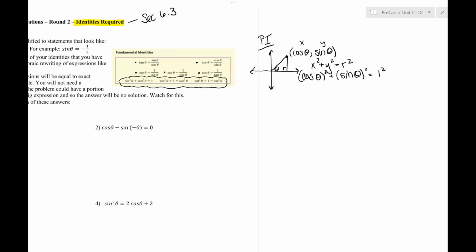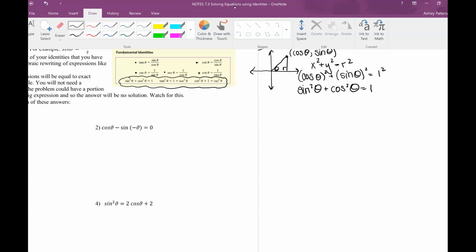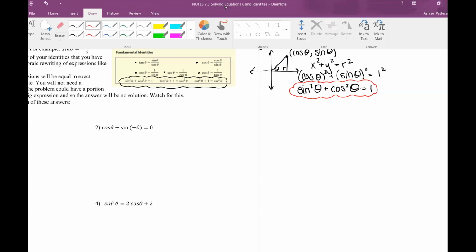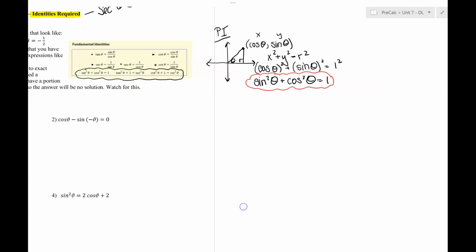Then we can just write sine squared theta plus cosine squared theta is equal to 1, and there's our first Pythagorean identity. Hopefully this is bringing back some memories for you. That is number 1. I have this horrible tickle in my throat. Sorry, guys.